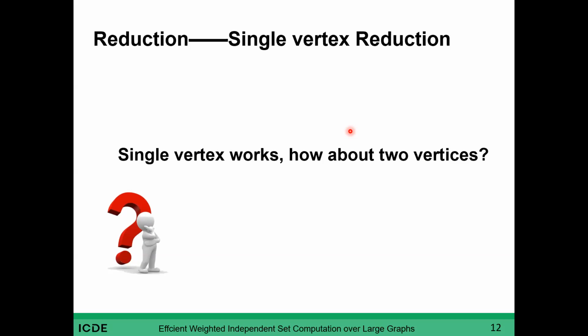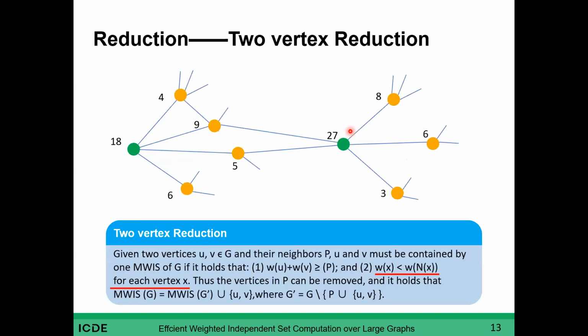So following the same rationale, here comes our second reduction, inspired by the first one. But we know enhancement brings new constraints. It is required that this reduction has to come after the single vertex reduction. Otherwise, the correctness is not ensured.